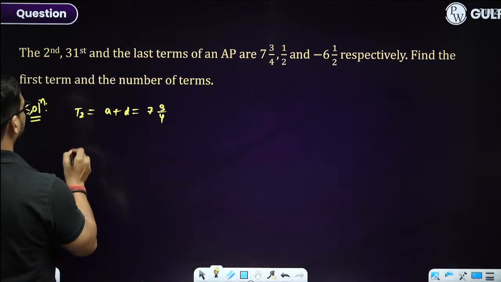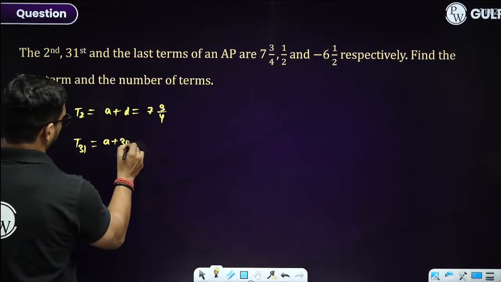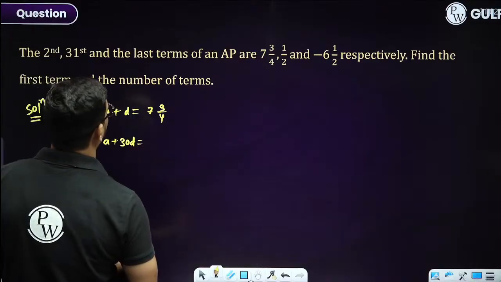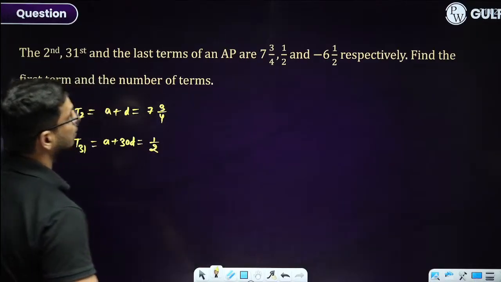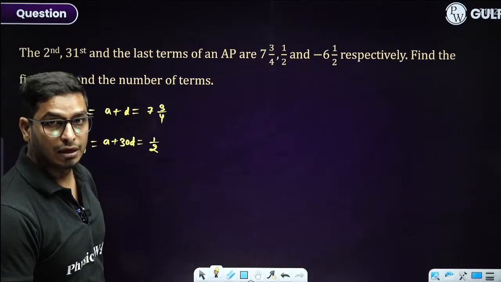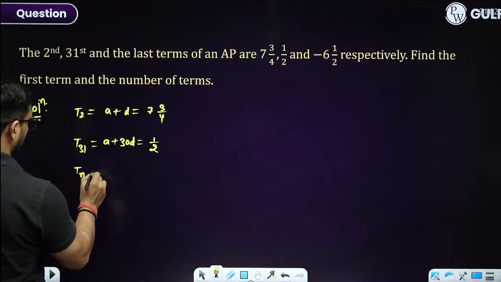Then they are saying the 31st term, a plus 30d, is equal to 1 by 2. And then they are saying we have to find Tn, the last term.